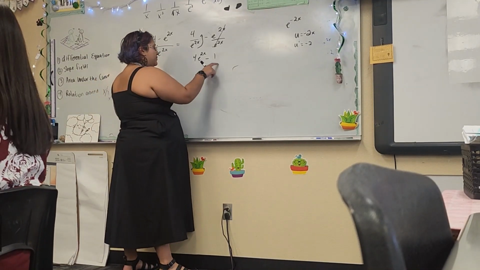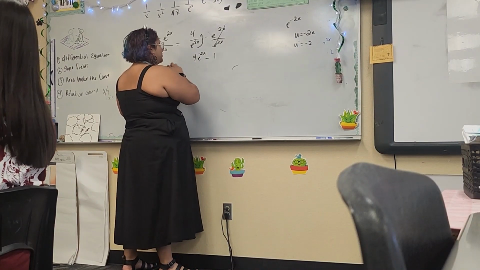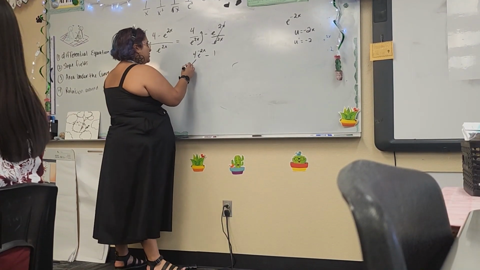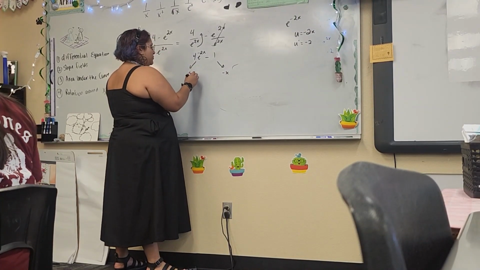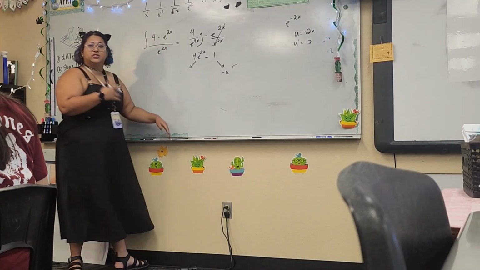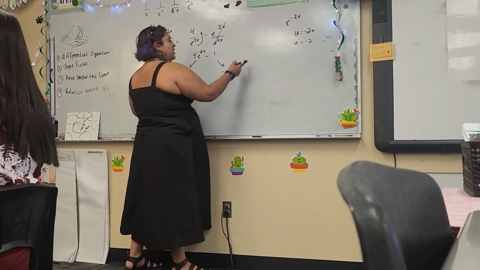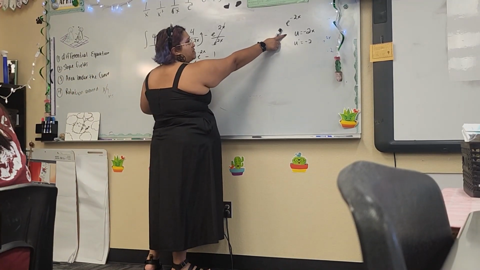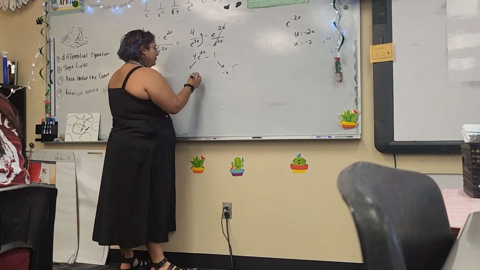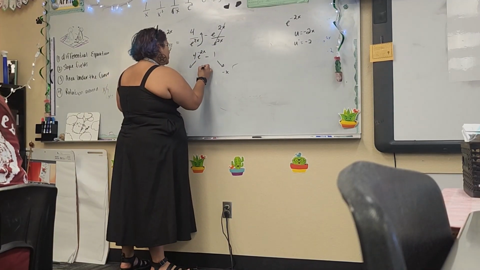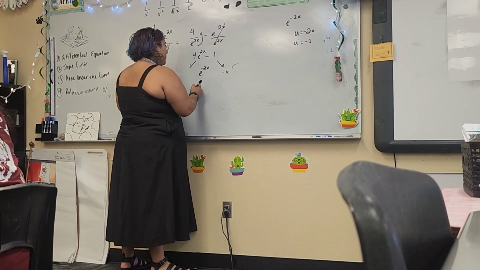Yeah. Okay, so we have this going on, right? So this is supposed to be a negative. Okay, so let's look at this. I know this is supposed to be negative x, right? Remember, the derivative of e to the u is just e to the u times u prime, right? So in this scenario, my u is negative 2x and my derivative is negative 2, right? So we're going to have e to the negative 2x, right?